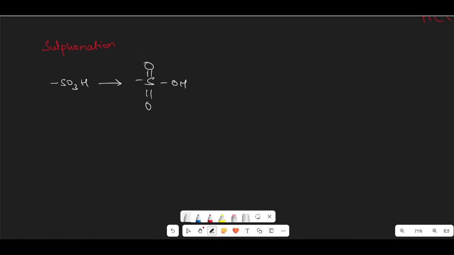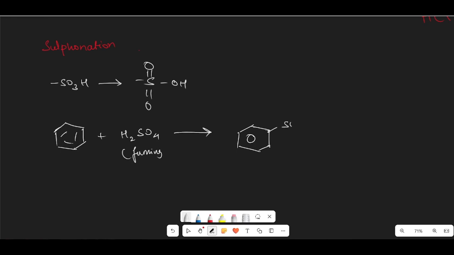So general mechanism, then reaction: benzene, fuming H2SO4, reacts to form benzene sulfonic acid, and water.